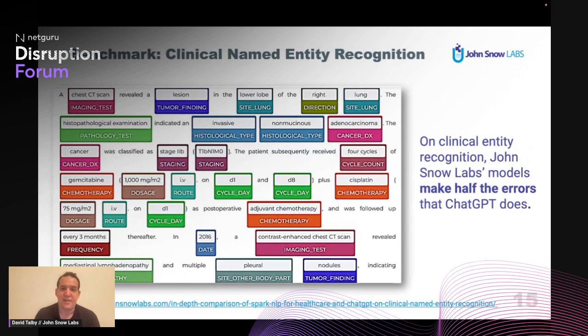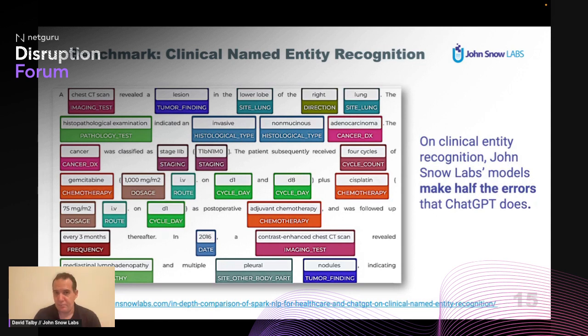Here are other benchmarks, and those ones we have published. The Python notebooks and data sets are available. If you'd like to reproduce them, tell us what we got wrong, try it on your own data, and share any lessons learned with us. One of the classic clinical named entity recognition benchmarks extracts symptoms, diagnoses, procedures, drugs, anatomy, demographics, medical devices, labs, and tests.